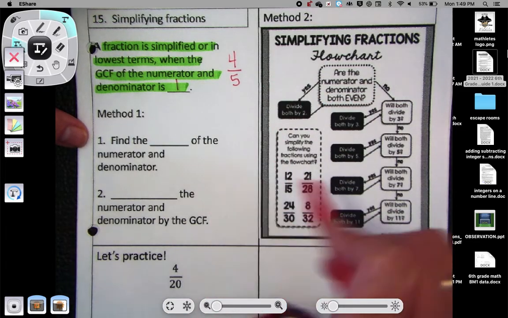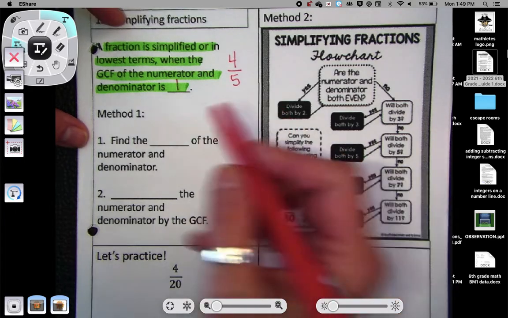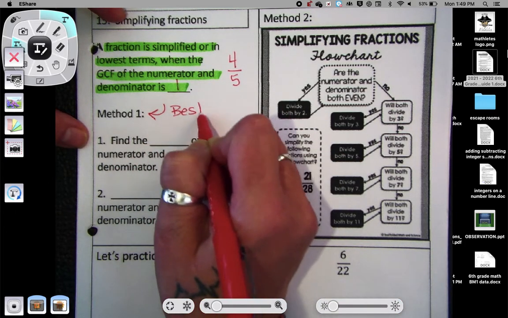So there are two methods for simplifying fractions. Method 1 is the best method.